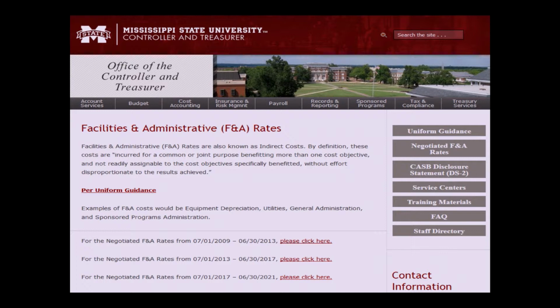The F&A cost rate proposal is negotiated every 4 years with our cognizant agency, the Department of Health and Human Services, or DHHS. FY16 was our last base year, and after preparing the proposal, our numbers came in lower than the FY12 proposal numbers. Therefore, we requested a 4-year extension of our current rate, and this extension is one of the new benefits of the uniform guidance.